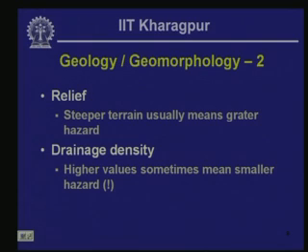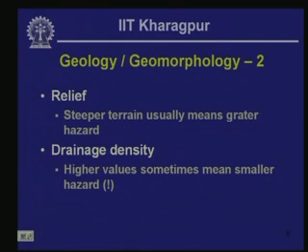In many places, what is seen is this: if you have higher drainage density, that means higher lengths of drainage channels per unit square kilometer of the area for which you are trying to assess landslide hazard.